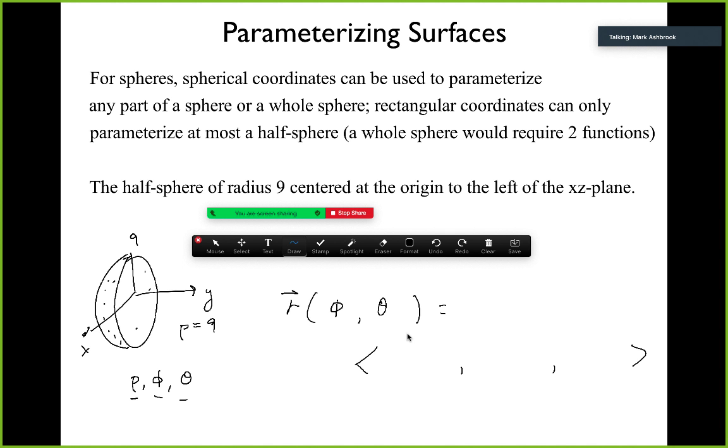So what is x in terms of rho, phi, and theta? You have to go back and remember our spherical coordinates. So we know x is r cosine theta. That's one way to start. So we got cosine theta. So what is r in spherical coordinates? Anybody remember?